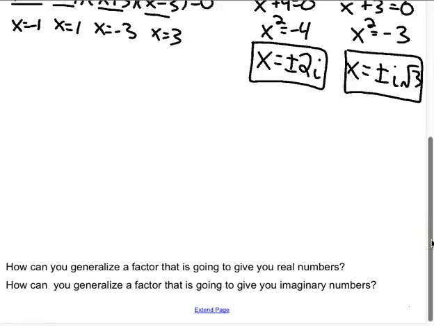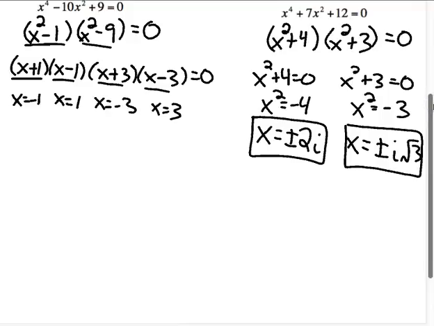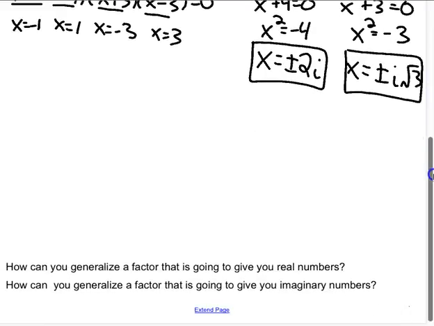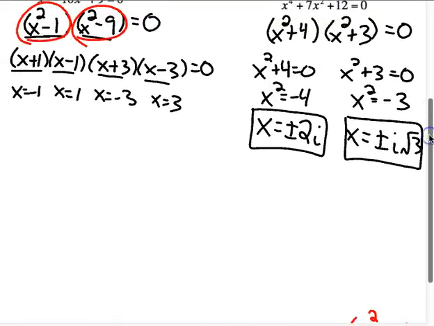So I want you to think here, okay? How can you generalize a factor that's going to give you real numbers? So here, these gave me real numbers, real solutions, right? So I'm hoping that what you recognize is to get real solutions, you're going to have x squared minus something. These gave you imaginary solutions.